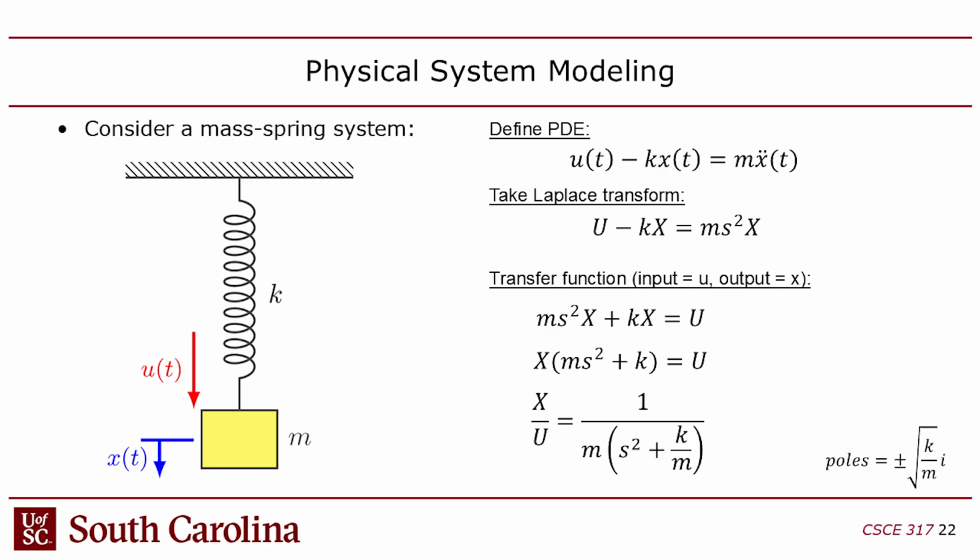But if you square i, it's negative. So the poles are actually plus and minus the square root of K over M times i. Well, guess what? There's no real component here at all. It's just imaginary. But that's not good enough because in order for this to be stable, the real component has to be negative, right? So technically that's unstable.